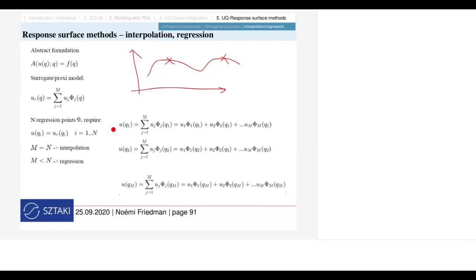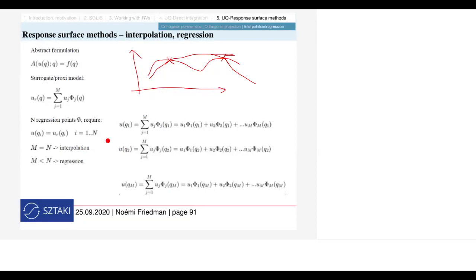So, sorry, when you compute the coefficients with the interpolation, you will get a function that goes through those points, okay? So you want that at the interpolation points, Q1, Q2, and Qm, the expansion will be exactly the solution that you computed. So maybe it will look something like that. It has to go through here, okay? Something like that, maybe. Maybe not, but as you increase the number of points, the exactness will increase.